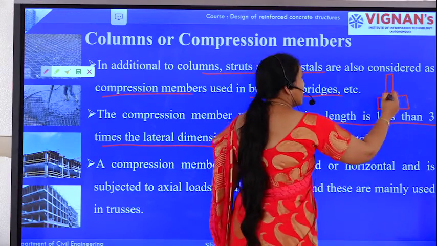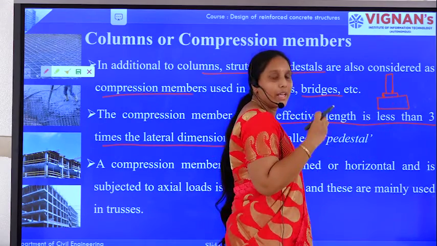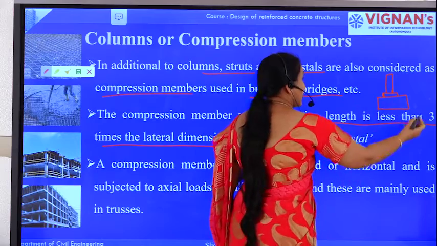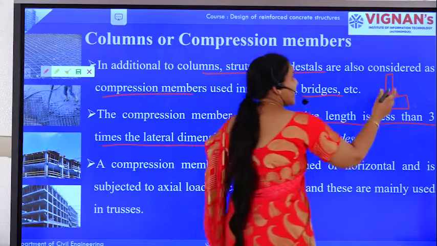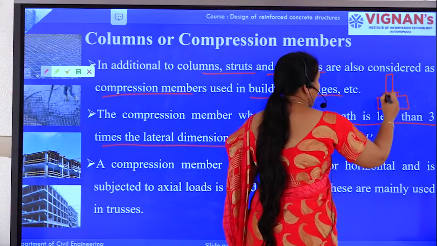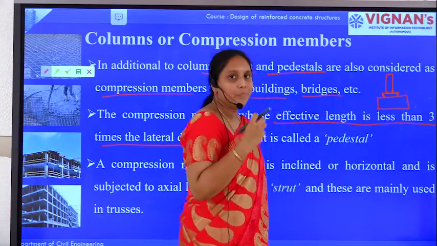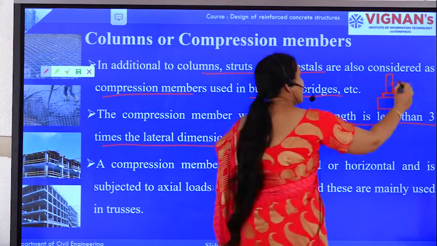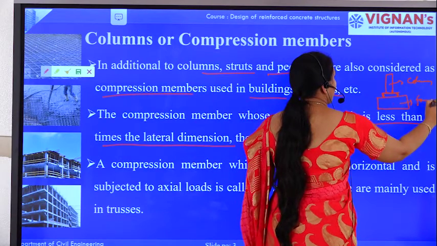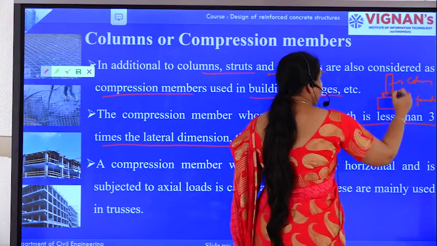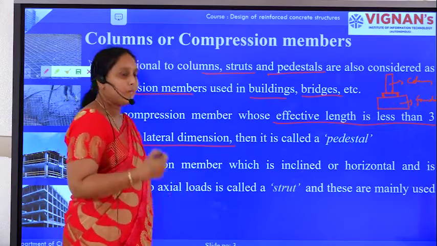The length of this pedestal will be very small, less than 3 times the lateral dimension; the lateral dimension will be more for a pedestal and the length will be very less. It will be in between the column and the foundation, and it will also be subjected to compression. So, a pedestal is also a compression member.